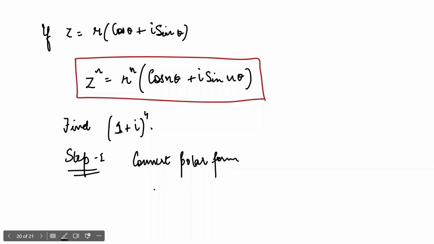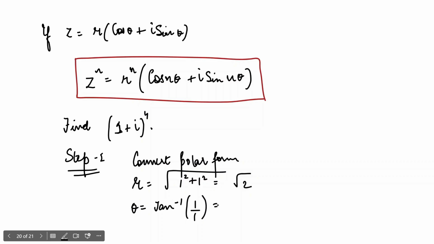For converting it into polar form, we need to find r. So r is the square root of 1 squared plus 1 squared, which is root 2. And let's find the argument, which is theta. It will be tan inverse of 1 over 1, which is pi by 4.